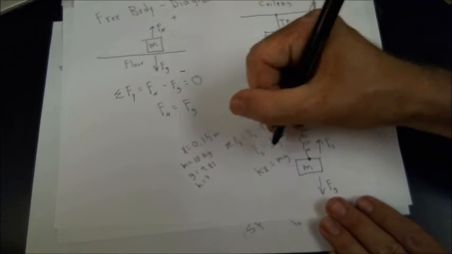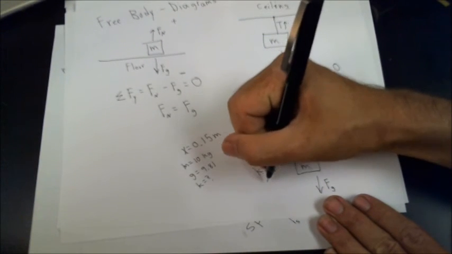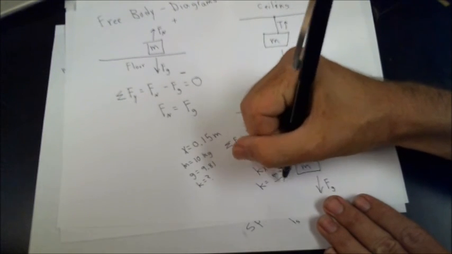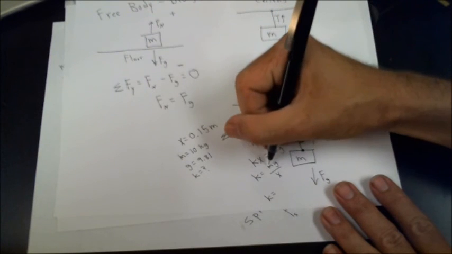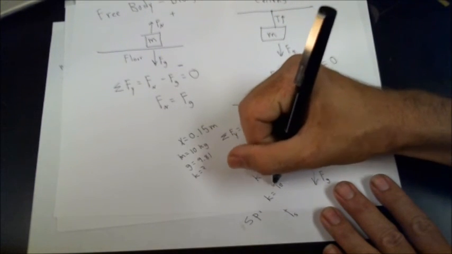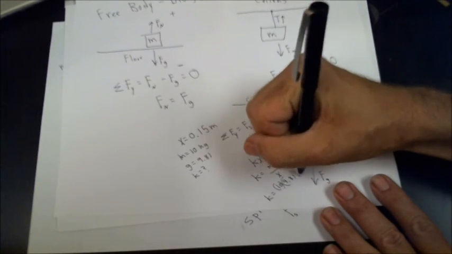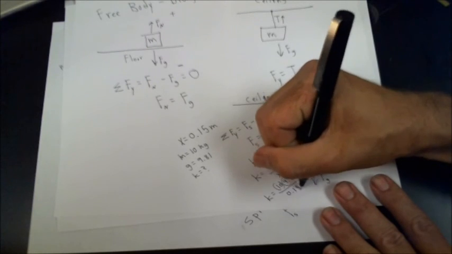Well, all I have to do now is divide both sides by x, since I know what that is and I'm solving for k, and I get k equals mg over x. Therefore, k equals m is 10 multiplied by 9.81 divided by x, which is 0.15.